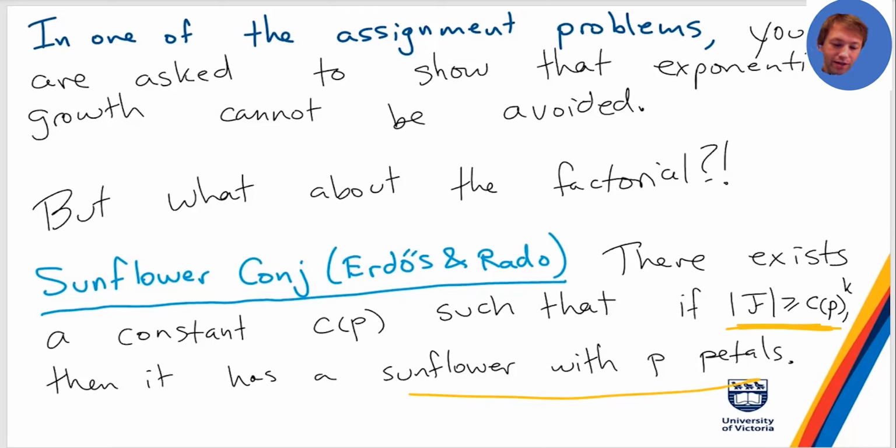There's a question on the second assignment in this vein, to prove that you can't do better than exponential. There's a construction you're supposed to verify. But the conjecture is that exponential should be the answer, and nobody knows.